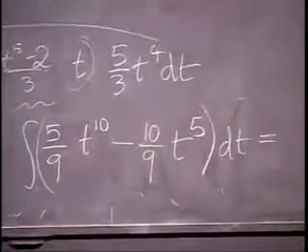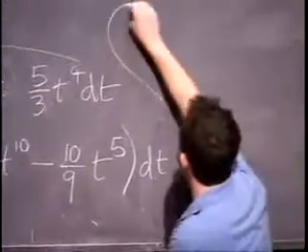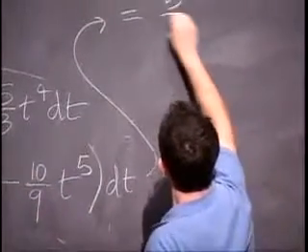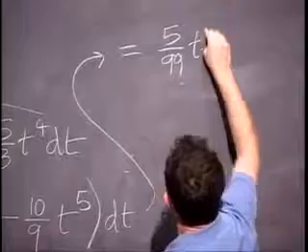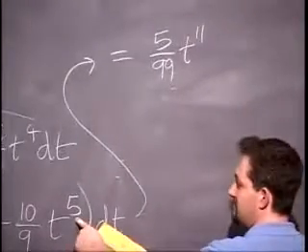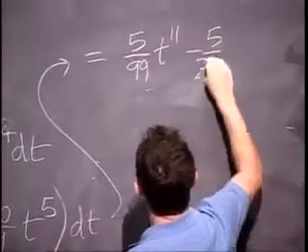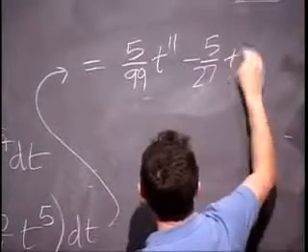And if you work this out, I divide by 11, so I get 5/99 t to the 11. And now I divide by 6, so I get 10 over 6. I believe it's 5/27 t to the 6th.